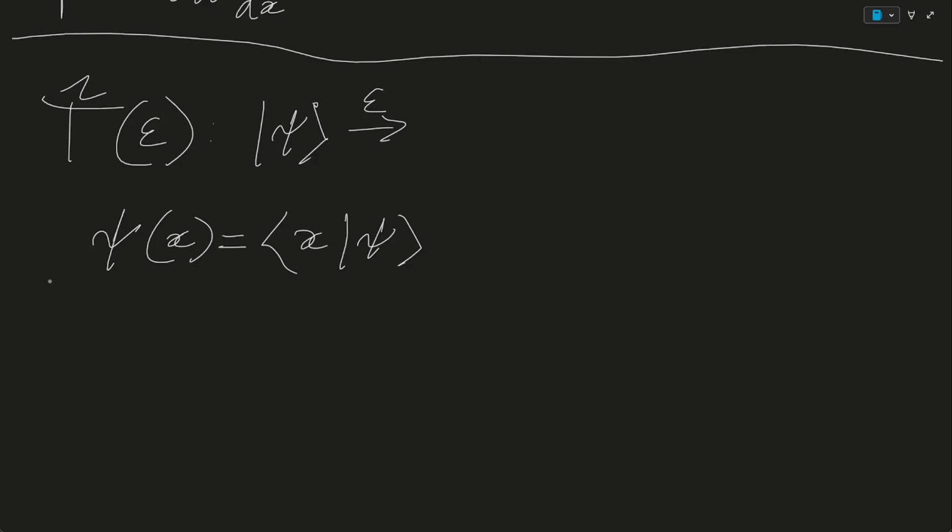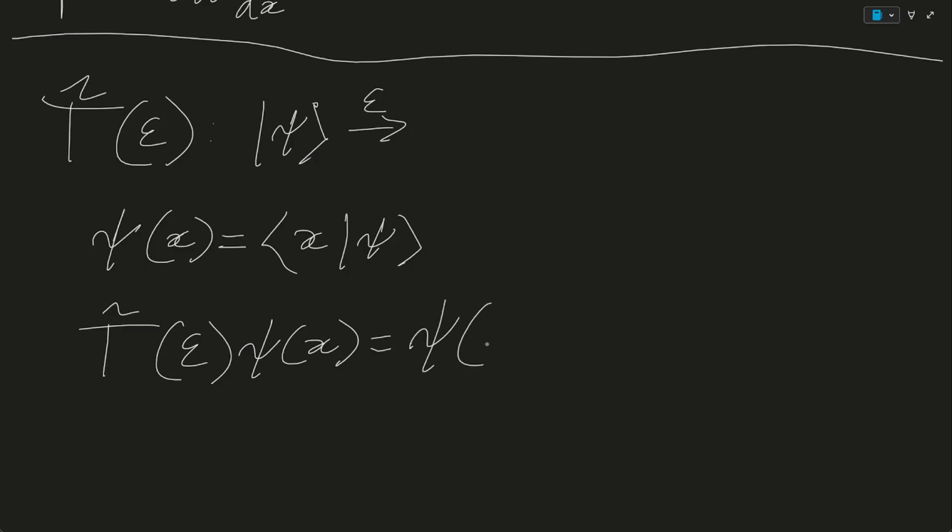We'll start off by evaluating it at x minus epsilon, because that's going to be a translation to the right in our 1D space. So we'll say T hat epsilon acting on psi of x is equal to psi of x minus epsilon. Cool.